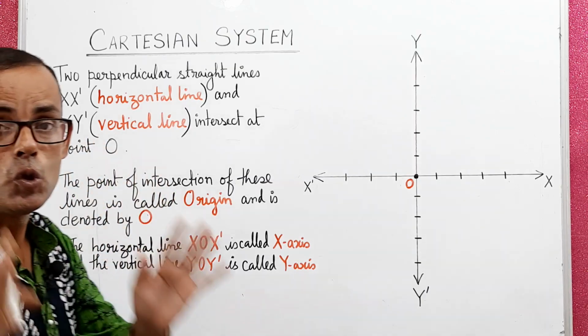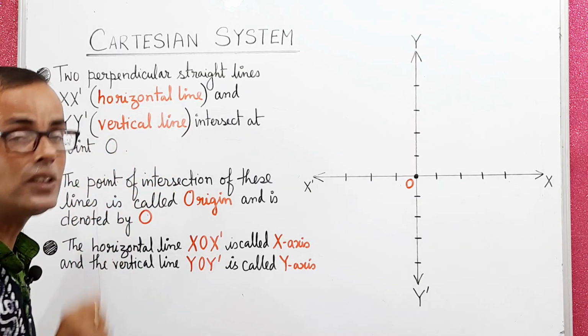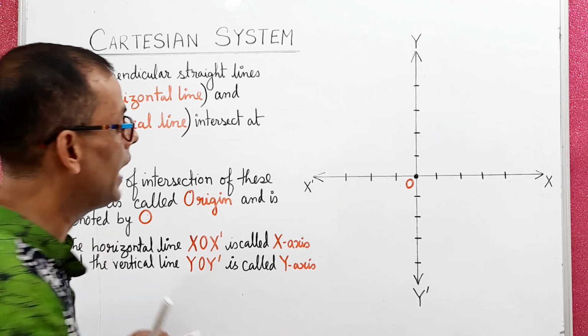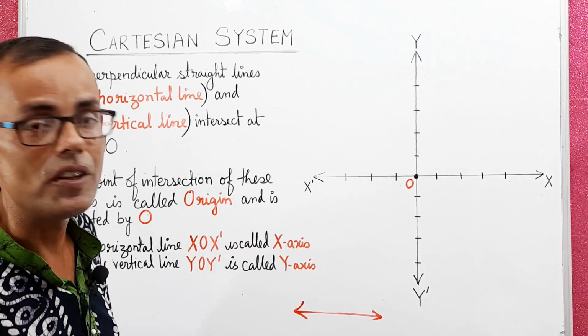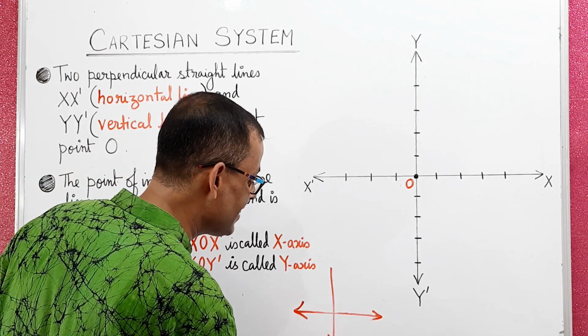These two straight lines: one we are saying is the horizontal line. Horizontal line means the sleeping line, like this. And another one is the vertical line, which is this one.